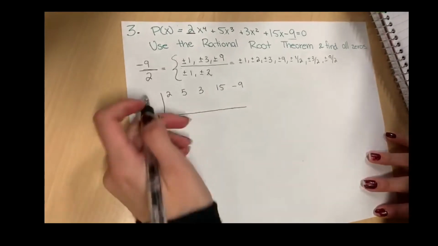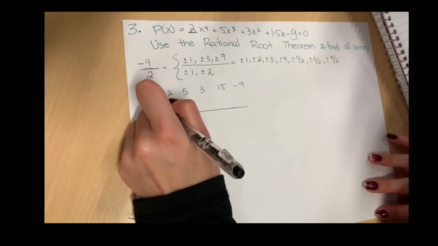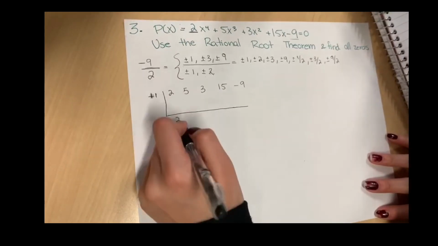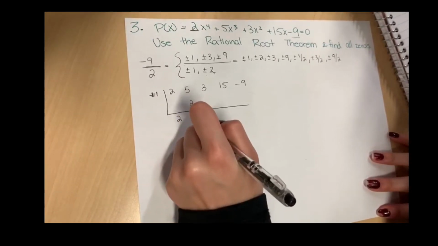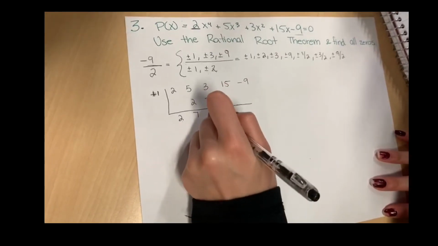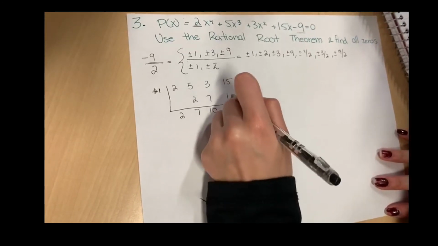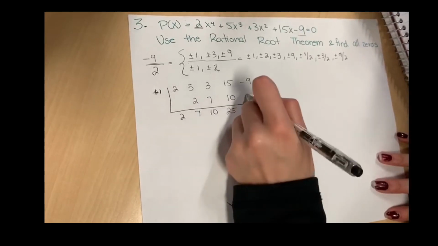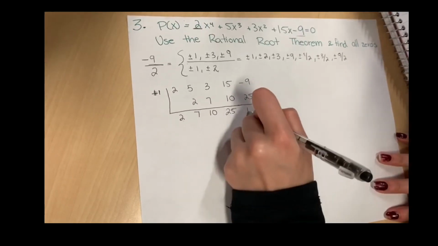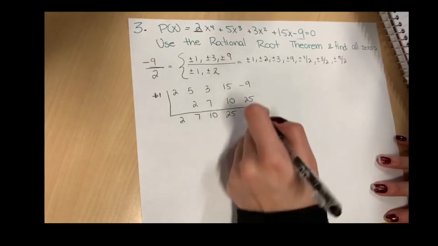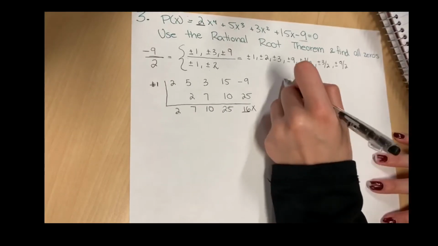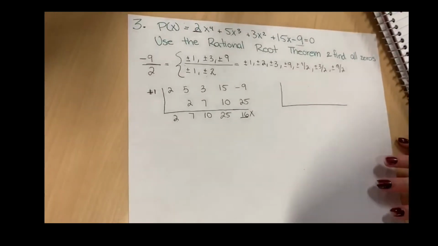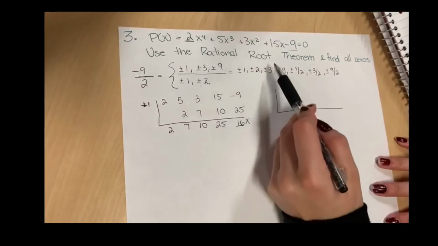We're going to use 1 first, and it's going to come up to 2 in the bottom because the first number just drops down, and then 1 times 2 to get 2, then 1 times 7 to get 7, and then 3 plus 7 is 10, 1 times 10 is 10, 15 plus 10 is 25, and then 1 times 25 is 25, and negative 9 plus 25 equals 16. So that one is not a 0.